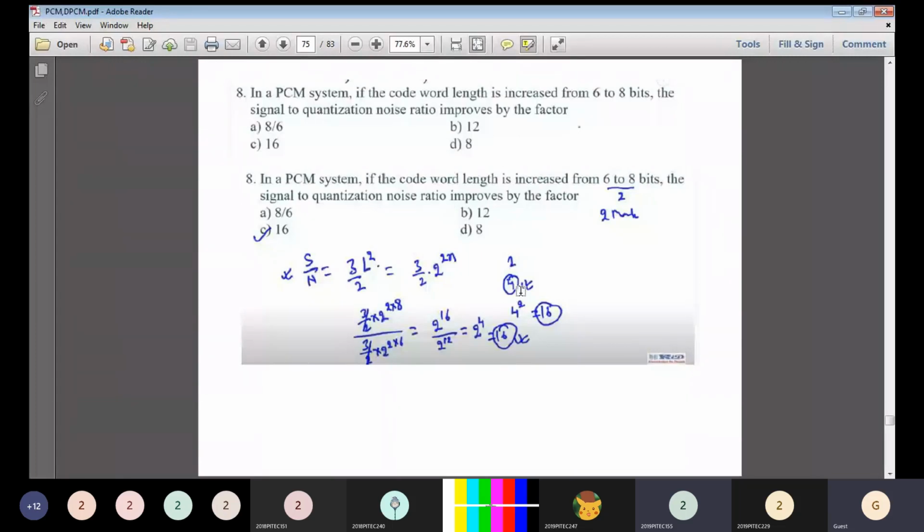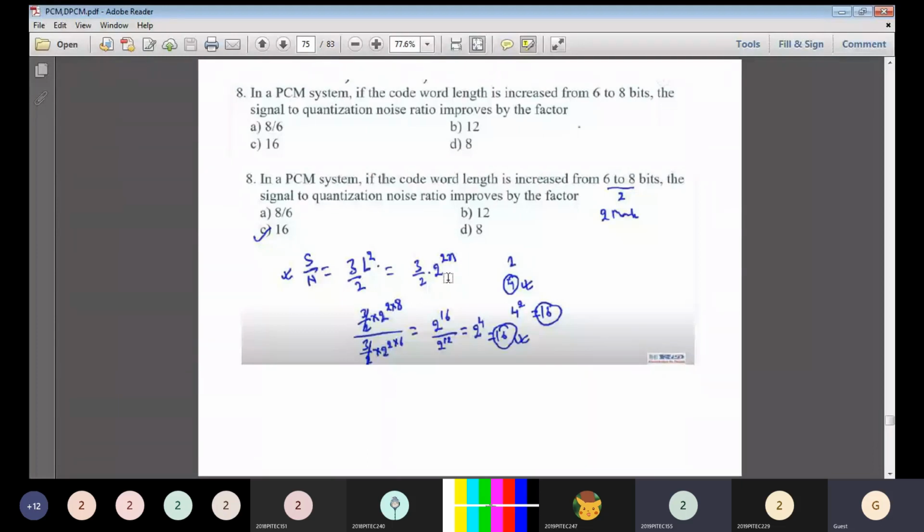We know that we have the formula S by N equal to 3 by 2 into L square. Code word length is increased from 6 to 8. The value of capital L is 2 power of n. So we have L square here, 2 power of 2n.